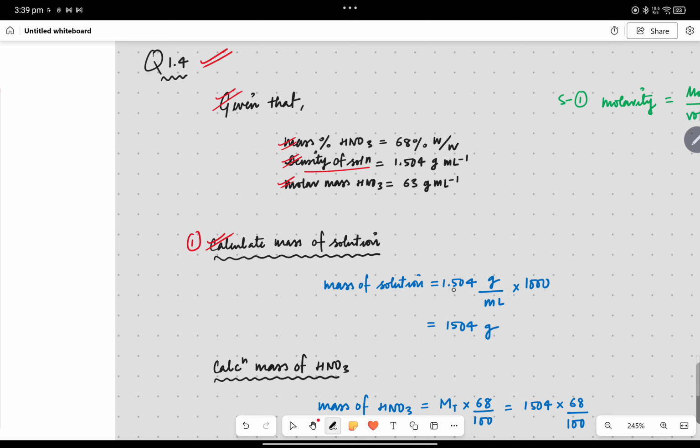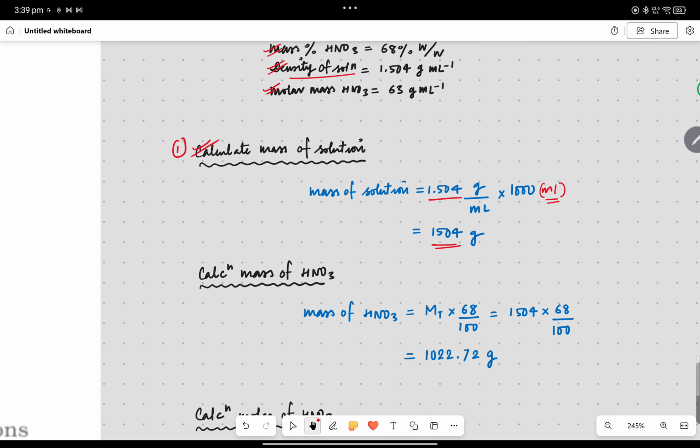So 1.504 gram per ml is given, and I have to calculate the total mass in 1 liter. So I multiply it with 1000 ml, right? So now this mass is present in 1 liter of solution, right?